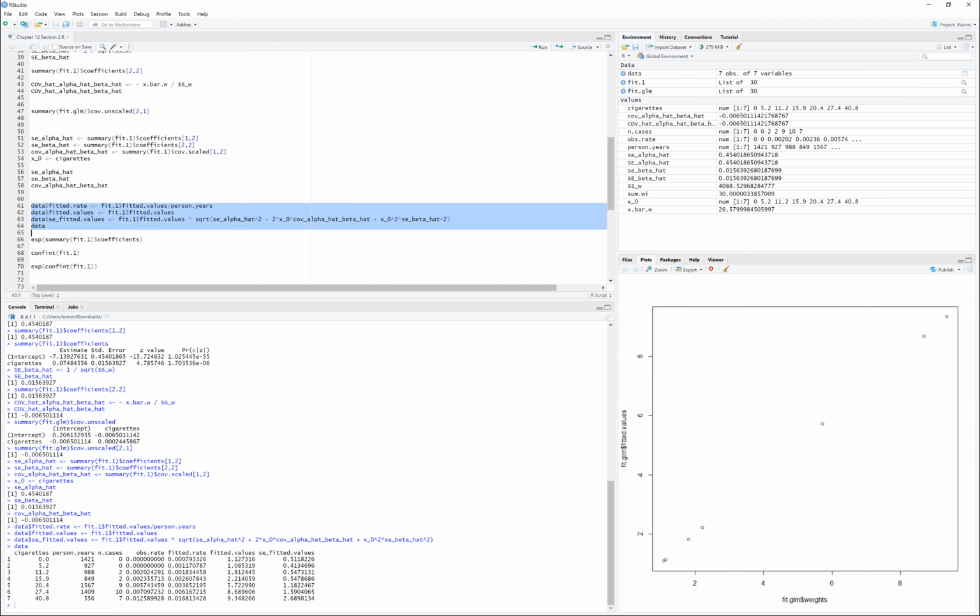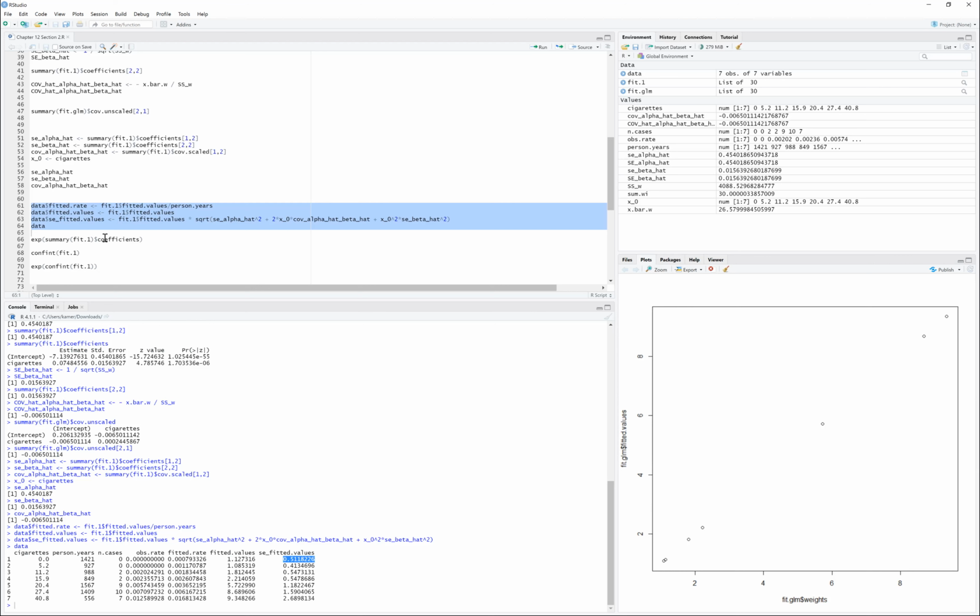And we calculated the corresponding standard errors for each of those expected values of the number of cases given the cigarettes, right? So essentially here, we'd say that for people who have not smoked, we would expect 1.13 cases. And the standard error of that expectation given 0 cigarettes would be 0.5118. Okay.